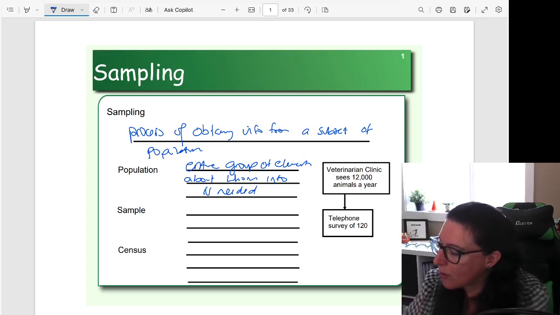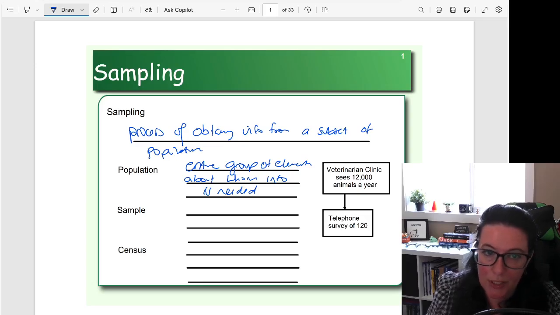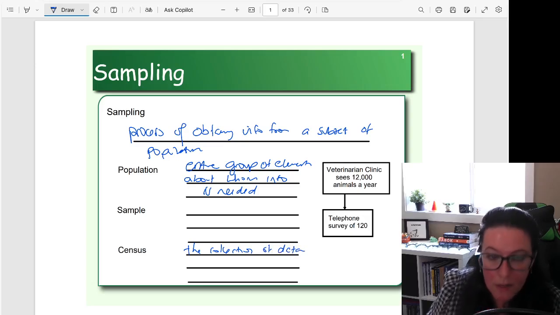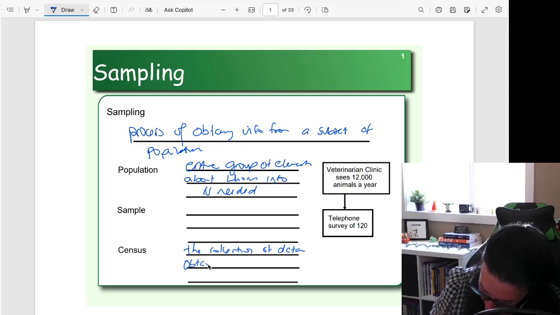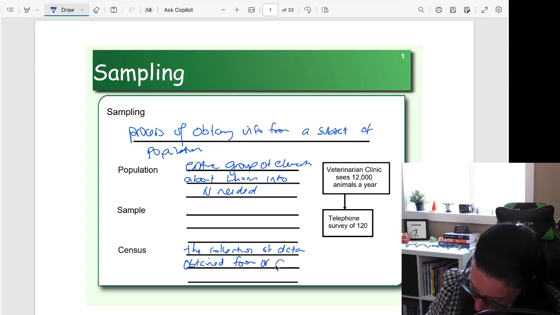If we are going to collect information from everyone in the population, then we have what is called a census. So a census is the collection of data obtained from or about every member of the population.